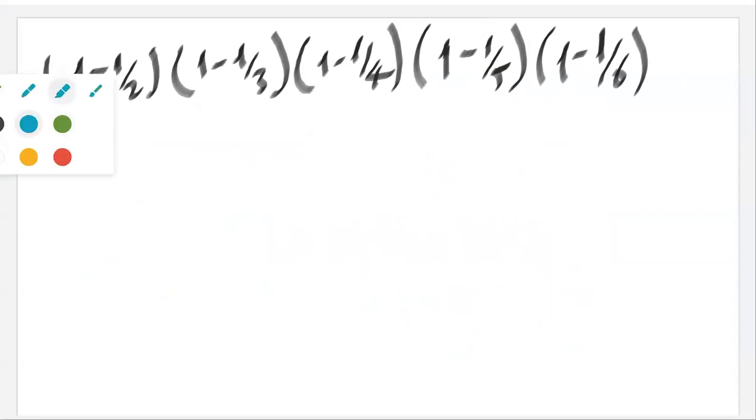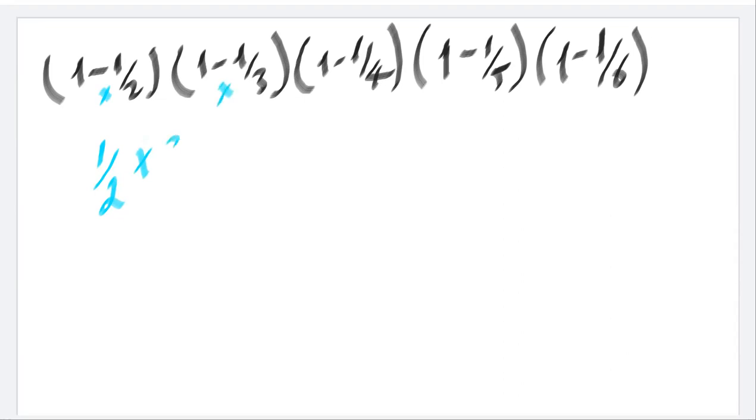For this kind of questions, let's do a few of them. So we multiply and subtract. 1 times 2, 2 minus 1, 1 over 2, times 3 times 1, 3 minus 1, 2 over 3, times multiply and subtract, 4 minus 1, 3 over 4.